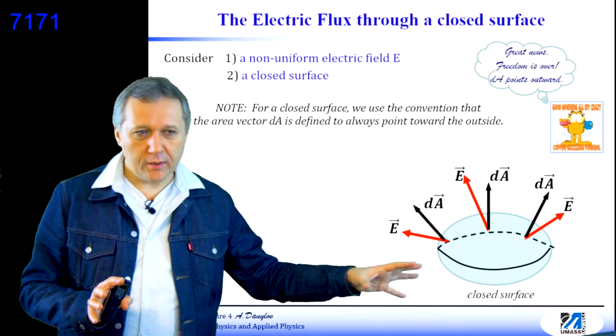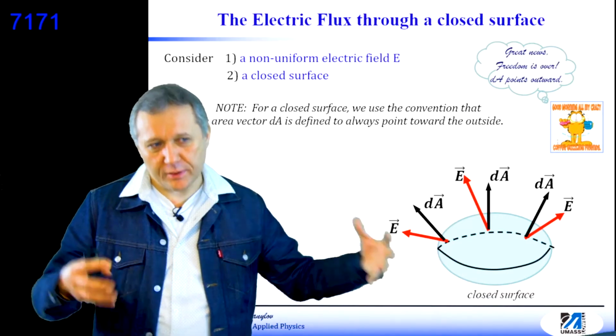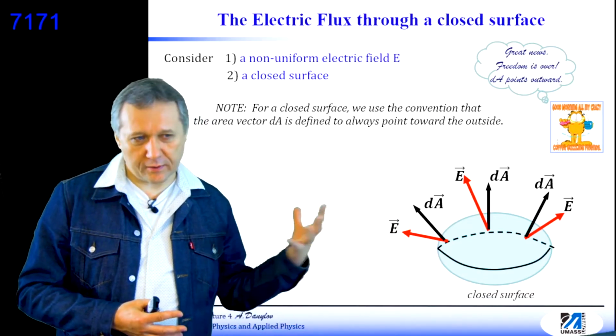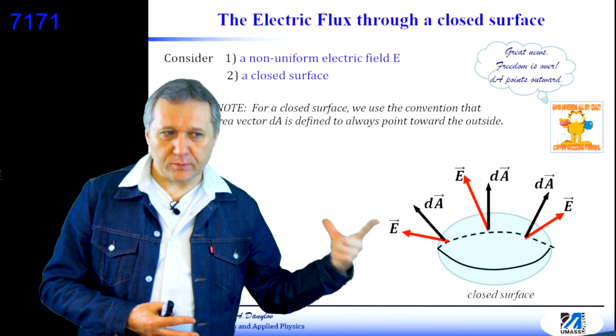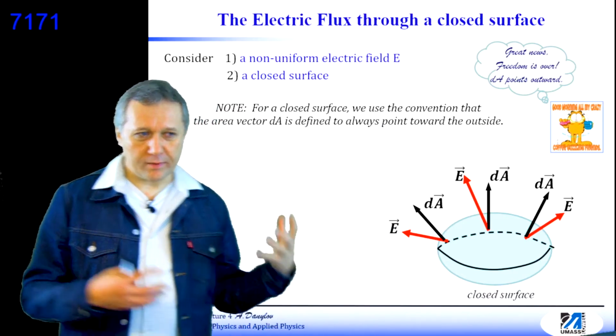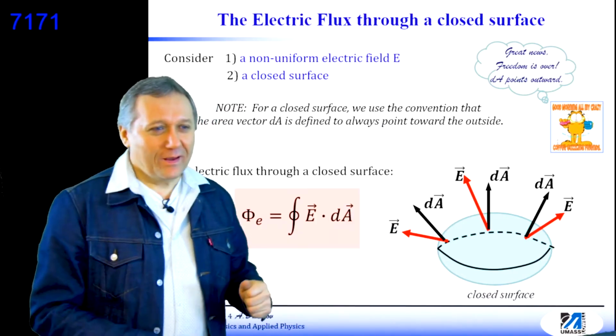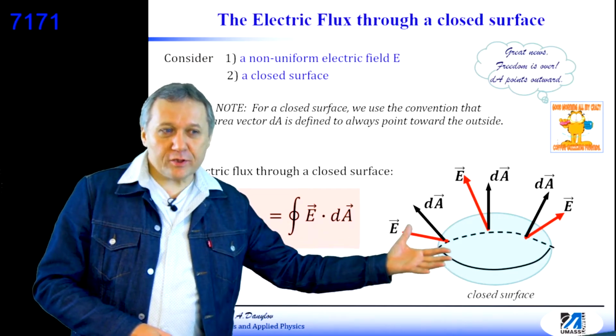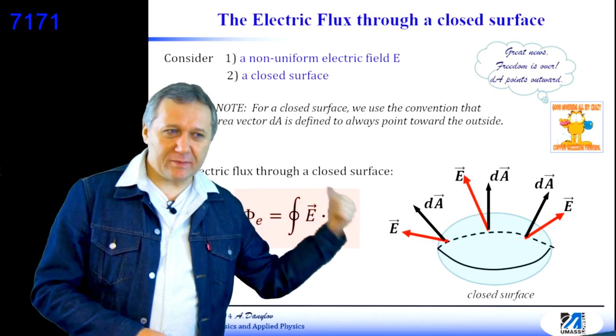So that's why mathematicians and physicists decided to impose this restriction and convention. The area vector must point towards the outside. Right? Okay, I think I justified that. And as a result, the procedure of setting up the integral will be exactly the same as in the previous slide.